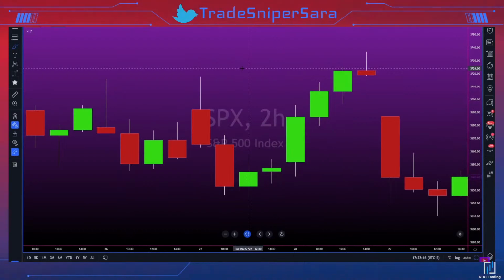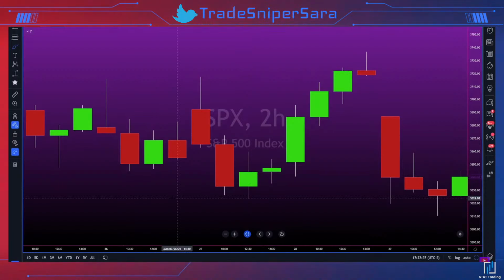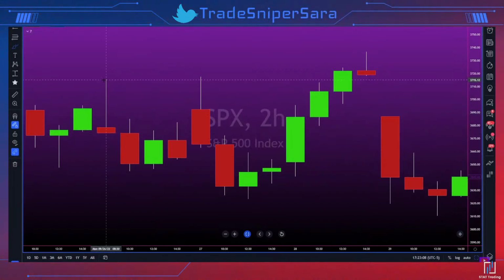So why do broadening formations happen? If you remember in lesson 5, we talked about targets and exhaustion risk, and that is why broadening formations happen. So if you remember this 2-hour chart from lesson 5 on targets and exhaustion risk, if you were long from this 2-1-2 reversal, you would be targeting this pivot high, okay?